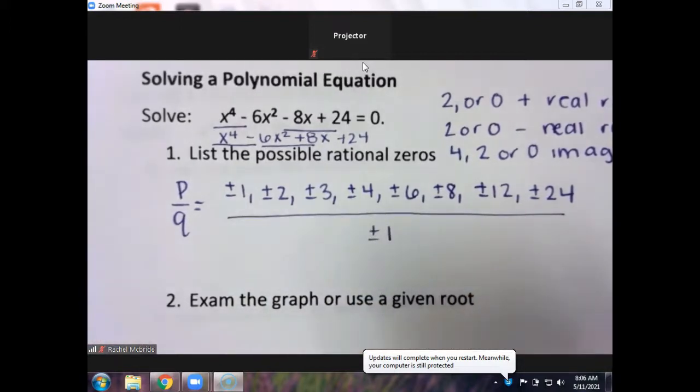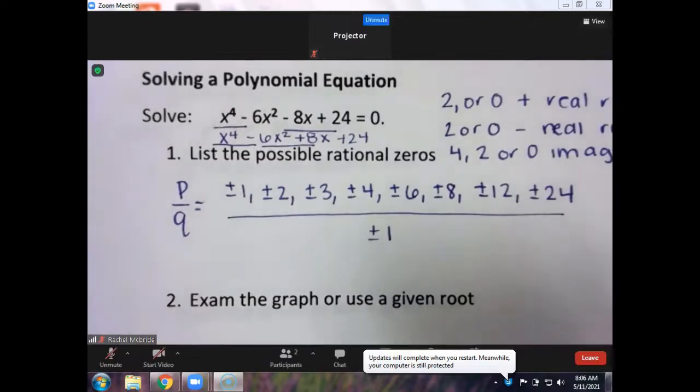Which is nice because it means there's no fractions or ideas like that that we have to work with when we work out this problem.